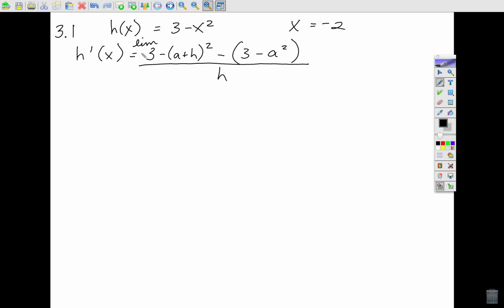The limit as h approaches 0. So once again, we're going to have the limit as h approaches 0 of 3 minus, let's see, I'm just going to square all this, a squared plus 2ah plus h squared, minus 3 plus a squared.